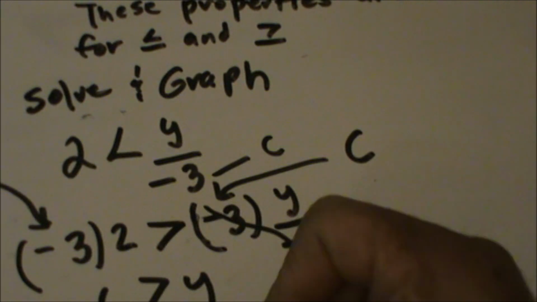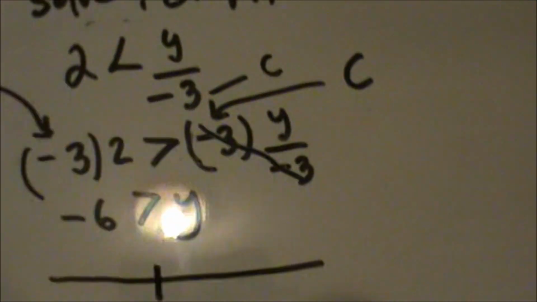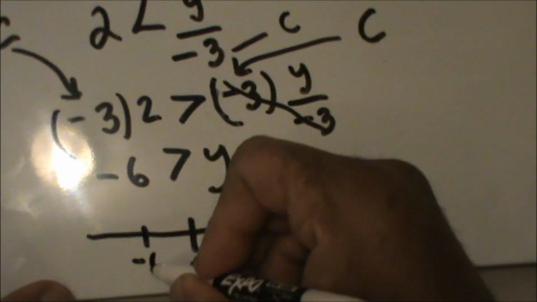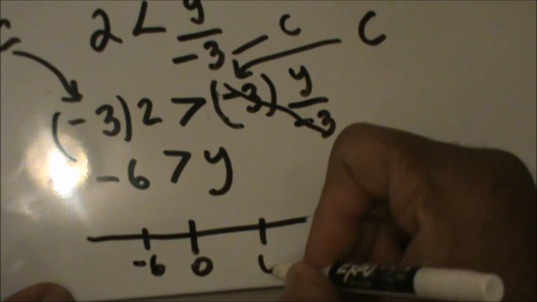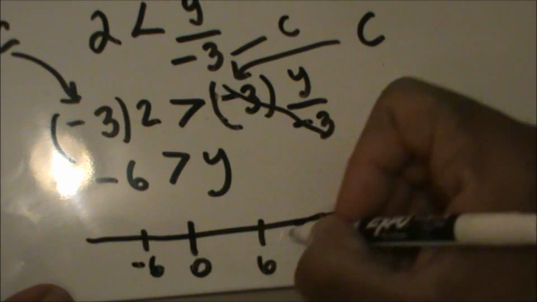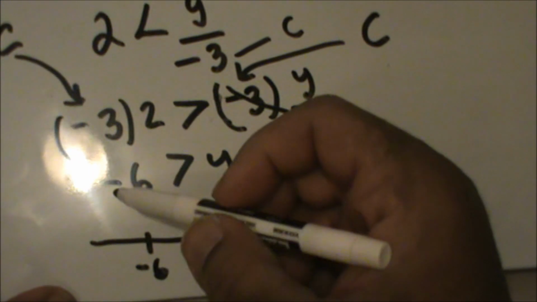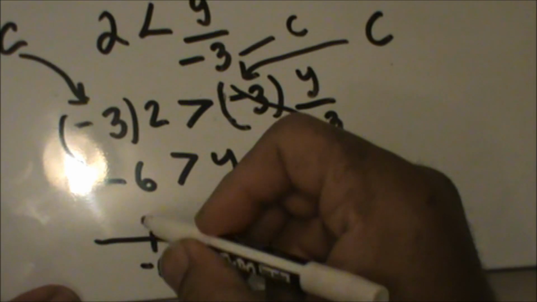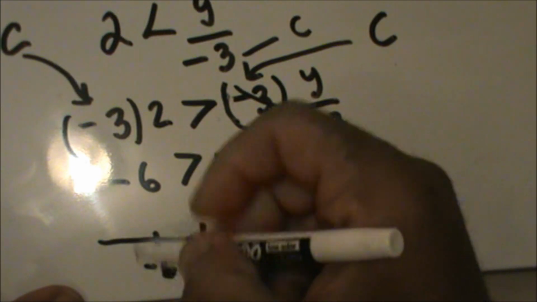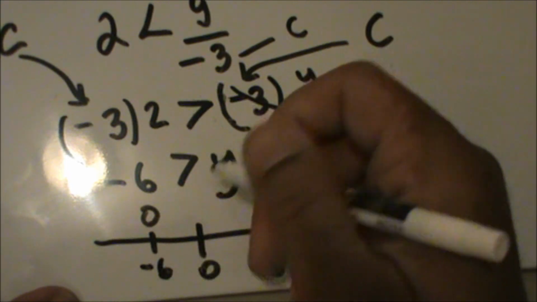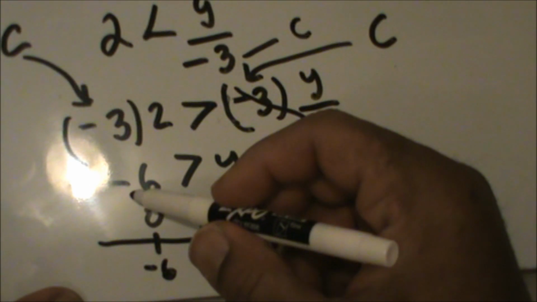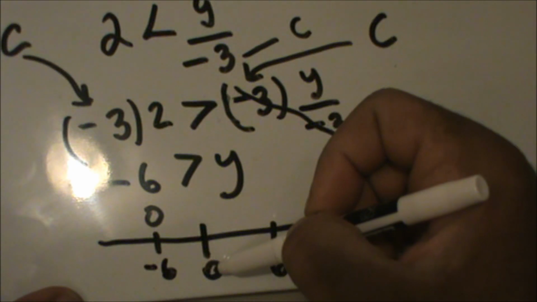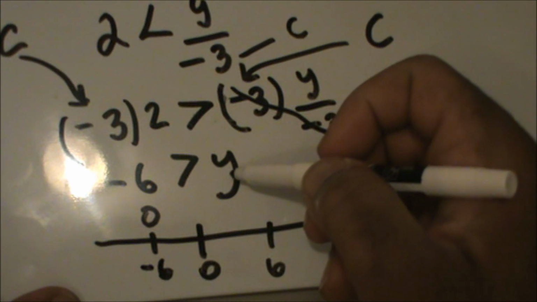Let's graph. Put it there, negative 6, and I'm going to put a positive 6 here just to escape from writing the units. Now, how is negative 6 greater than y? What numbers is negative 6 greater than? It's going to be an open circle. Let's use a test. Is negative 6 greater than 0, if we use one of the values for y?